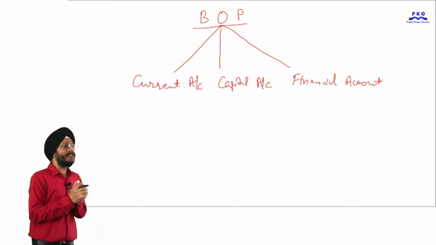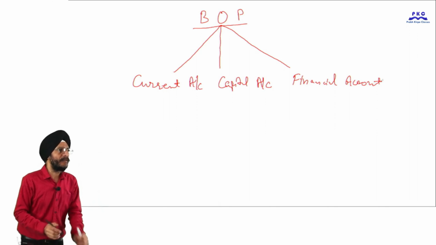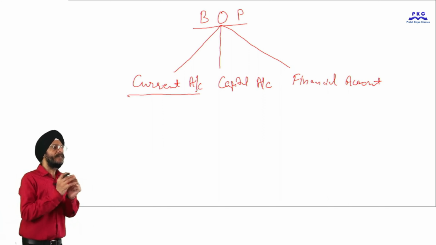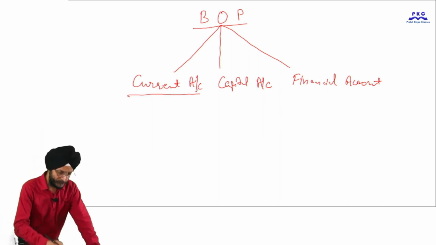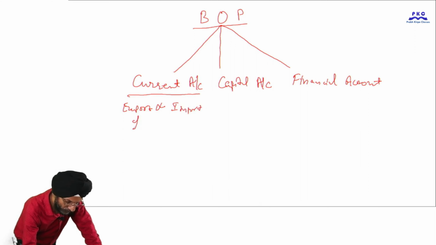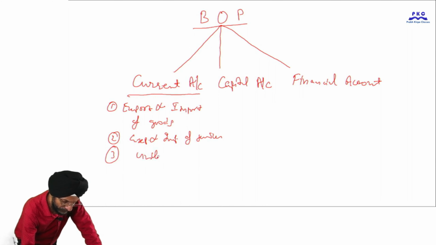Now here we are discussing balance of trade. In the current account of balance of payment, we discuss export and import of goods, export and import of services, and unilateral transfers.